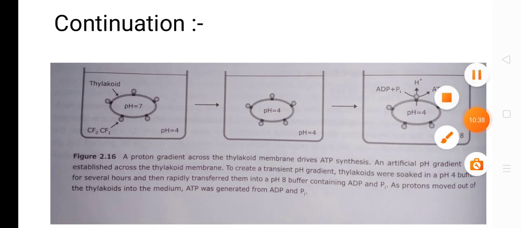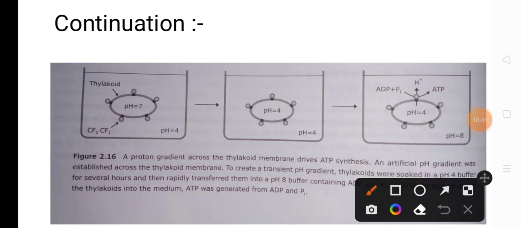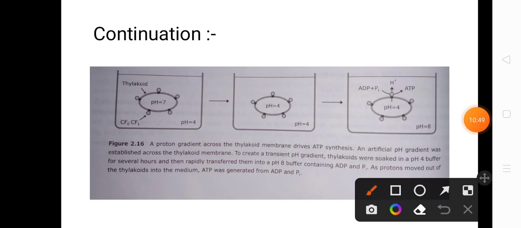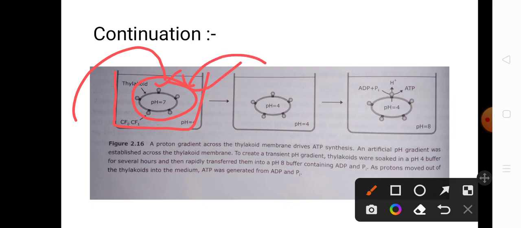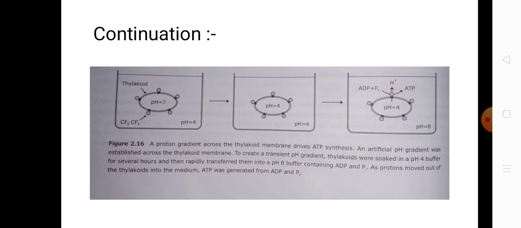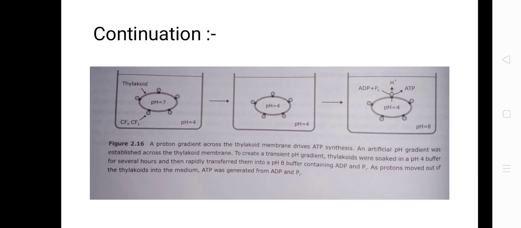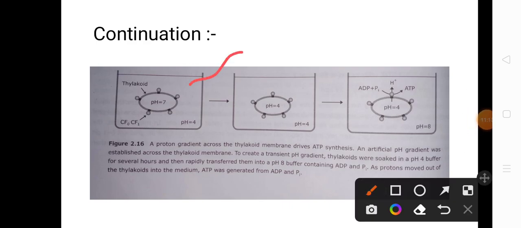So for a quick recap, scientists Andre Jagendorf and Ernest Uribe in the year 1966 proposed an experiment to prove the chemiosmotic theory. They equilibrated chloroplast thylakoid vesicles containing CF0 CF1 particles in a buffer of pH 4. What was their initial intention? Their initial intention was to drop the pH of the lumen to 4, because there will be a tendency to maintain equilibrium with the environment.